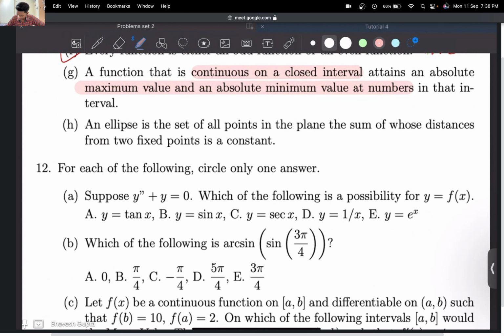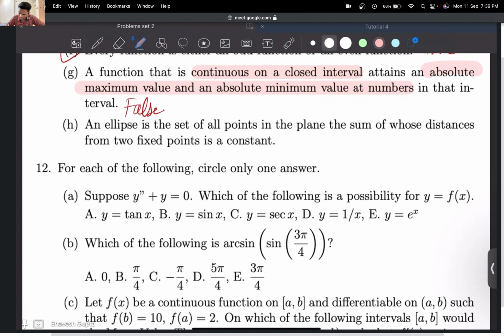So this statement can be false, and the reason I'm saying this can be false is that you might have absolute maximum and absolute minimum at the boundary point, right? At the boundary point as well. This might not necessarily be inside the interval.